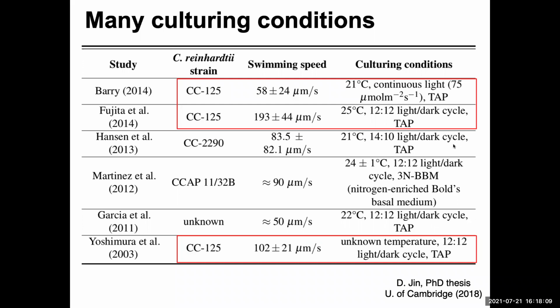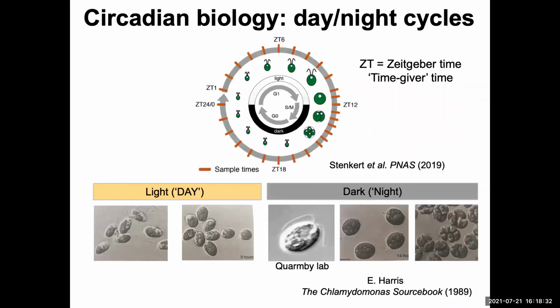So it's a way of speeding up the growth of Chlamydomonas. It's convenient, it grows quicker. But the question we wondered about is how do these growing conditions affect the swimming speed of Chlamydomonas, and in particular, how do day-night cycles change the motility parameters?